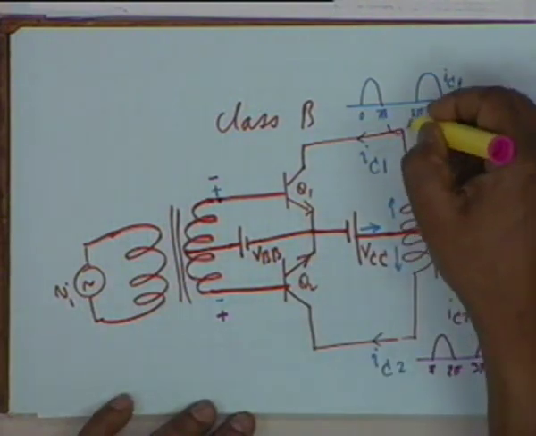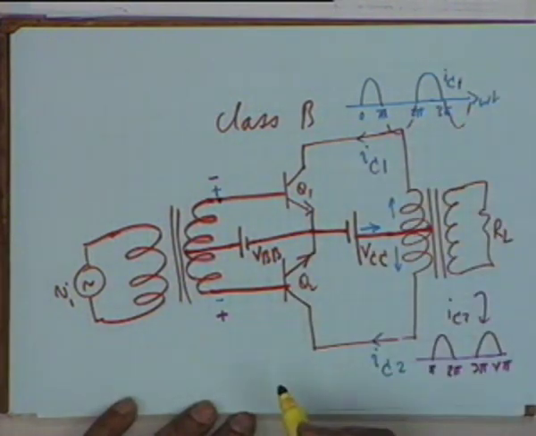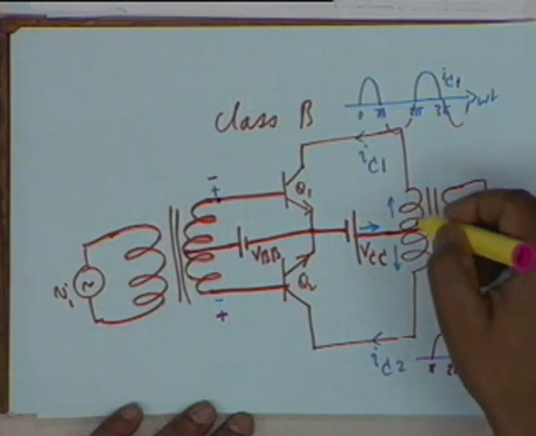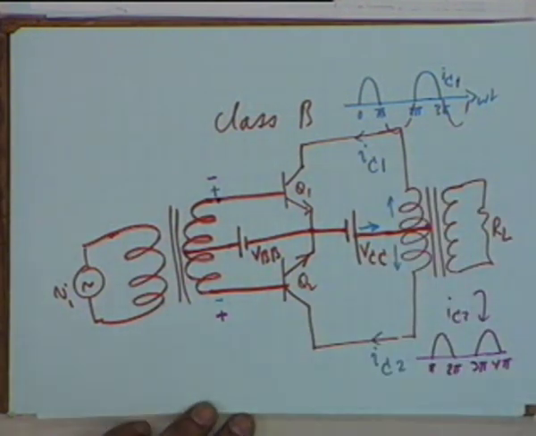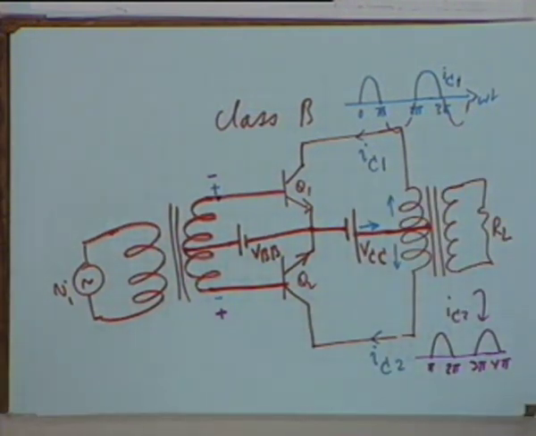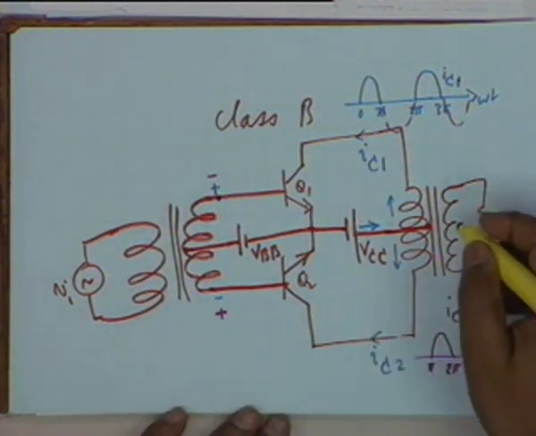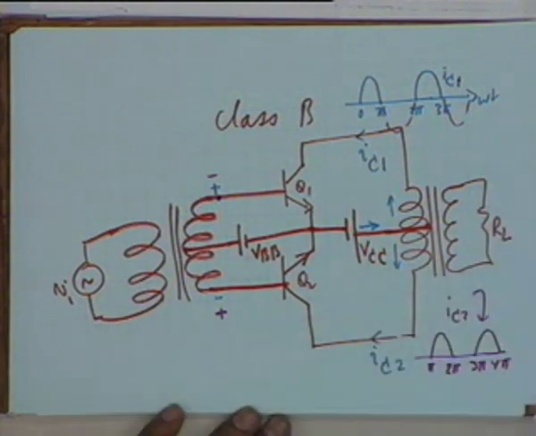You simply get the full wave here, and therefore what flows through the primary over a certain duration of time is the complete cycle, and therefore in the secondary across RL you also get the complete sinusoid and there is no distortion.